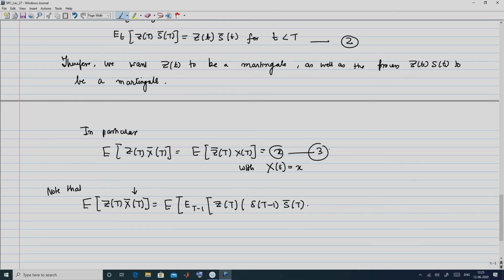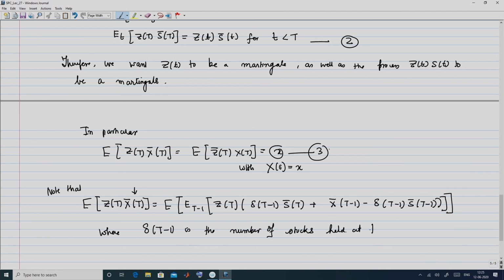So, this is going to be delta of t minus 1 s bar of t plus x bar of t minus 1 minus delta of t minus 1 into s bar of t minus 1, where the newly introduced notation of delta of capital T minus 1 is the number of stocks held at time capital T minus 1.